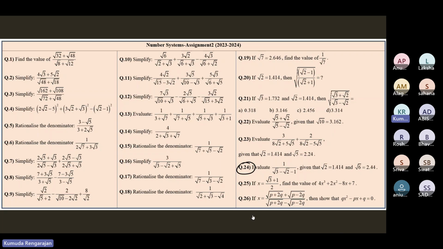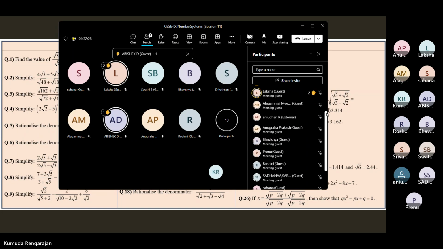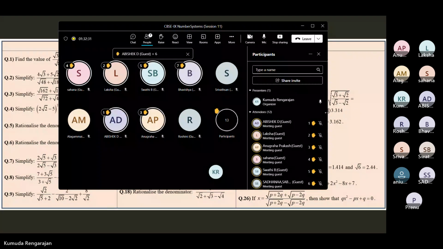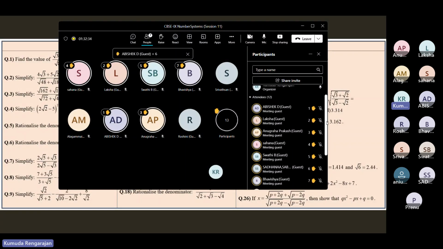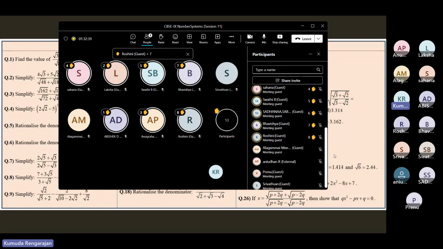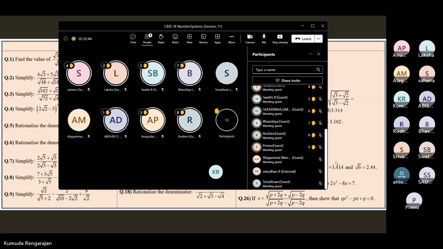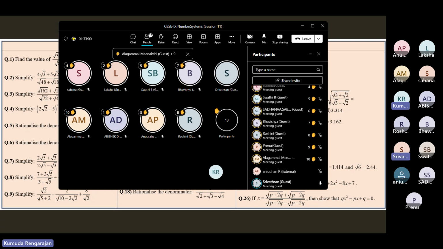Class, use the emoji, raise your hand. Abhishek, Laksha, Anugraha, Sahana, Swati, Sadhna, Sabarna, Bhavishya, Roshni, Aragamai, Srivatsan, Anirudhan, are you all there? How to raise the hand button, ma'am? You can find that emoji in reactions.